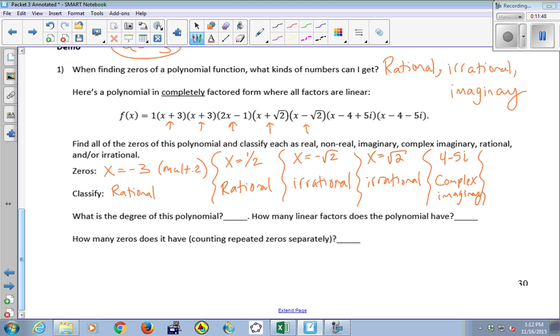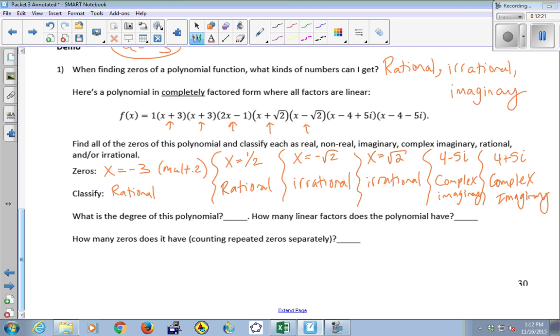And then my next one, if x minus 4 minus 5i is a factor, what's my 0? 4 plus 5i. And that's also complex imaginary. Good. Complex means it looks like a plus bi.